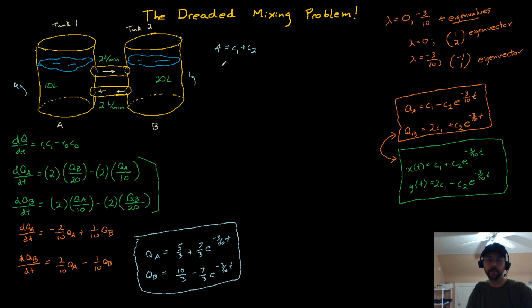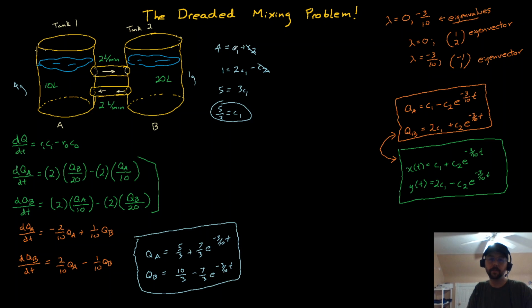And then on the bottom, we have 1 equals 2C1 minus C2. These cancel just by adding them. Works out nicely again. So we're going to get 5 equals 3C1. Divide by 3. 5 over 3 equals C1.